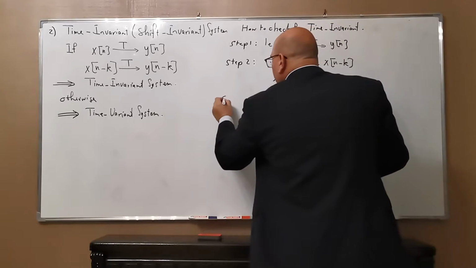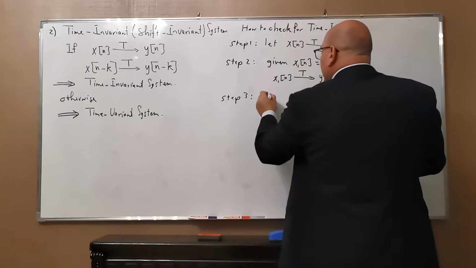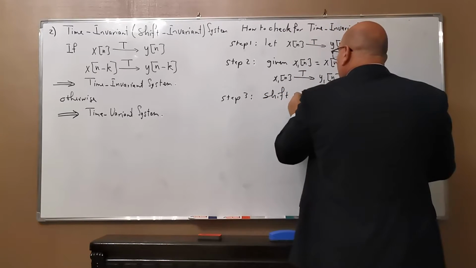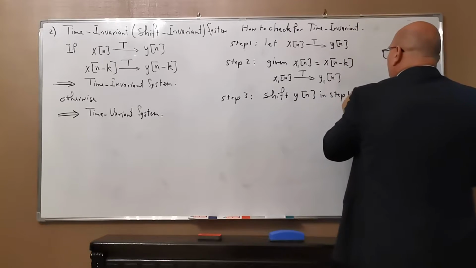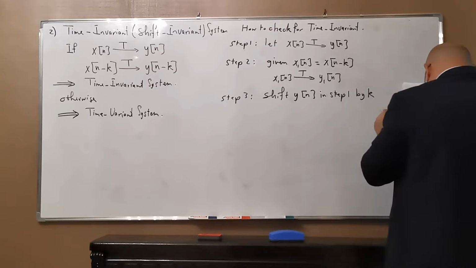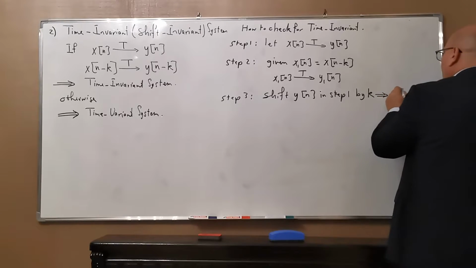Now, step number three, shift y of n from step 1 by k to get y of n minus k.